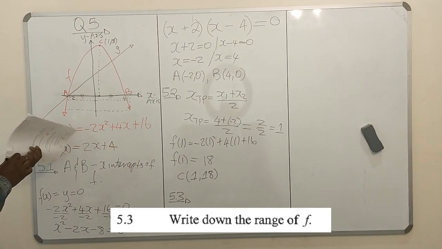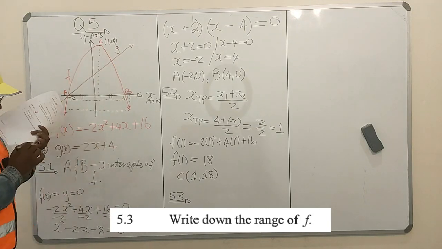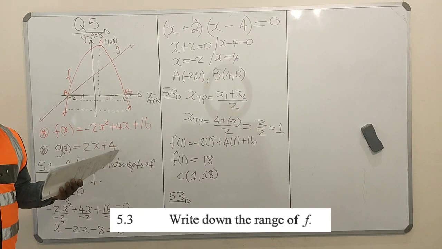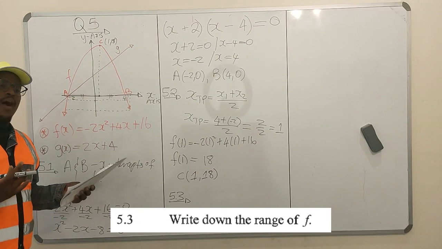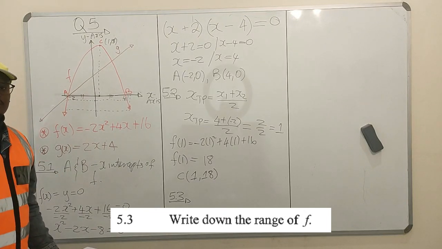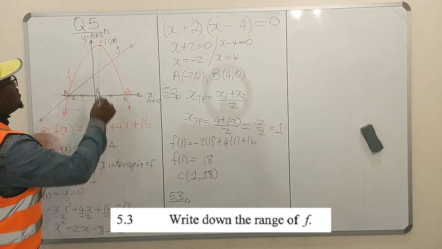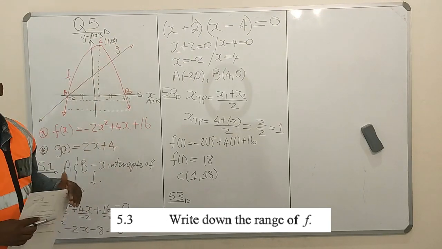But the y value that is up there above our turning point does not have a corresponding x value, right? The ones that we want are the ones that have corresponding x values. So if your y value is above here, there's no corresponding x value because it does not hit our graph.